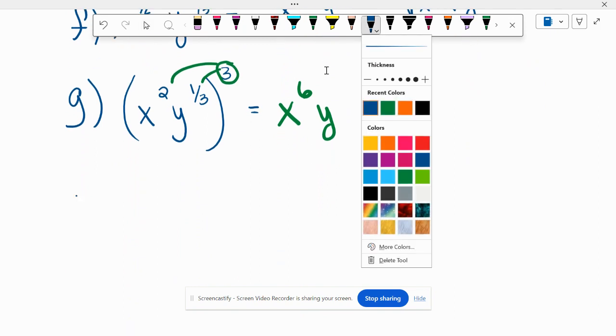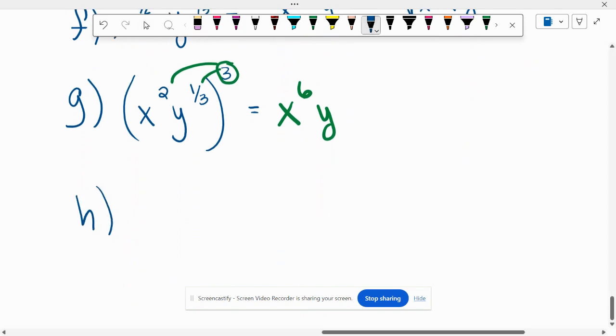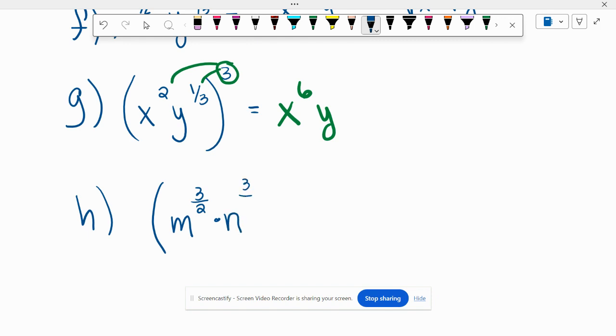And our last one, example H, I have m to the 3/2 power times n to the 3/8 power, all to the power of 2 over 3. Okay.